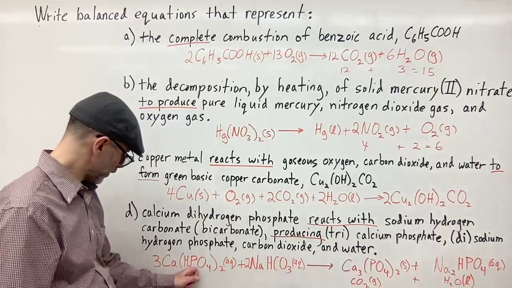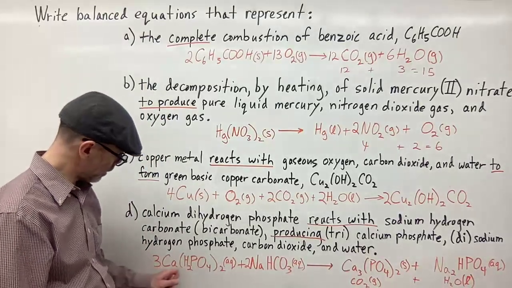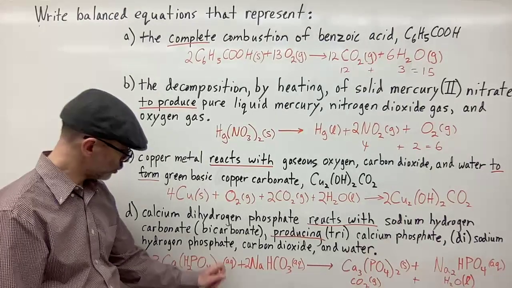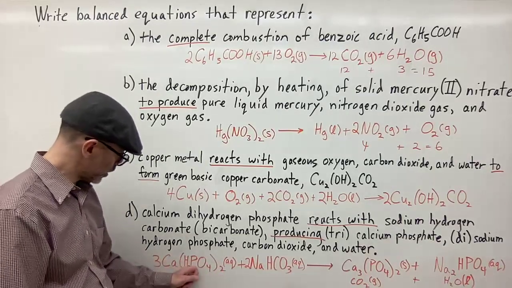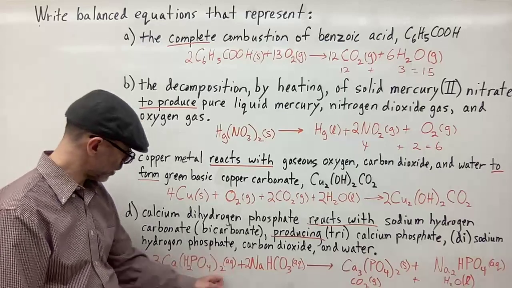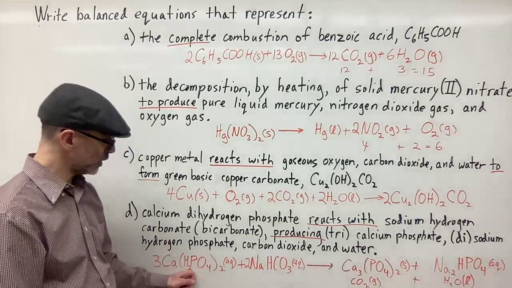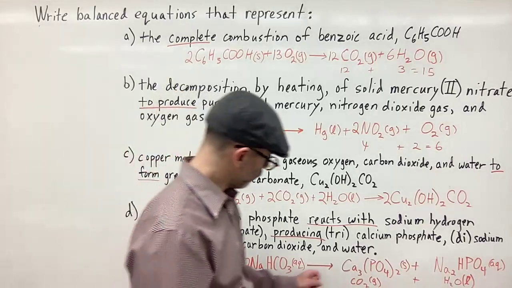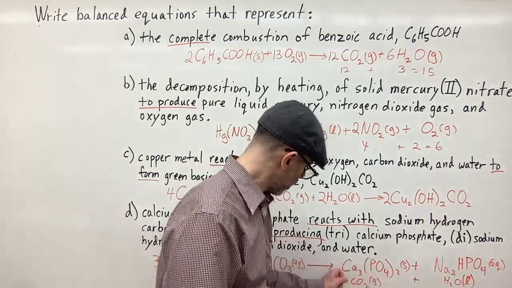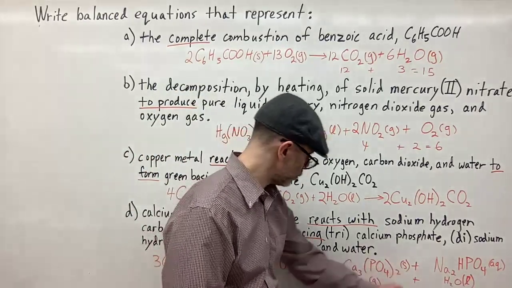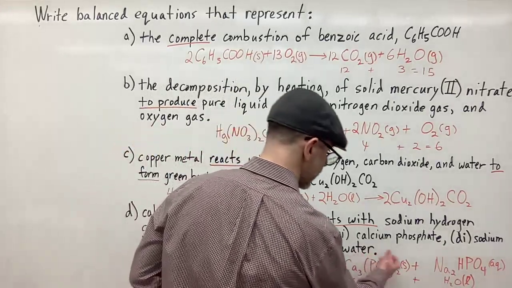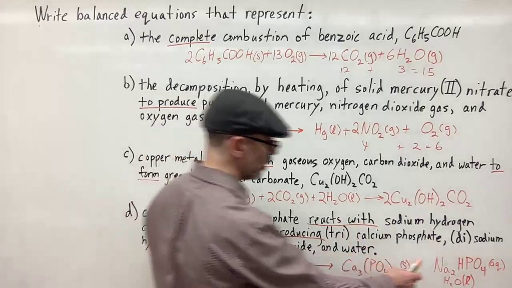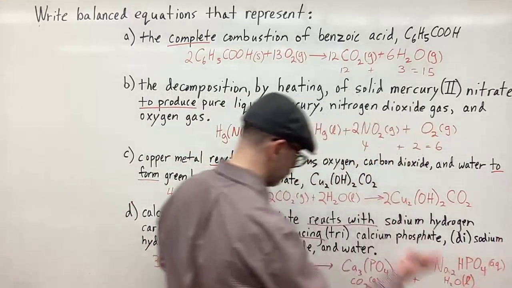So phosphorus, I have 3 times 1 times 2, right? So 3 times 1 is 3 times 2 is 6. So I have 6 phosphorus on this side. And over here, I have 1 times 1 times 2 is 2. But you also have phosphorus over here, so you can't forget about that.